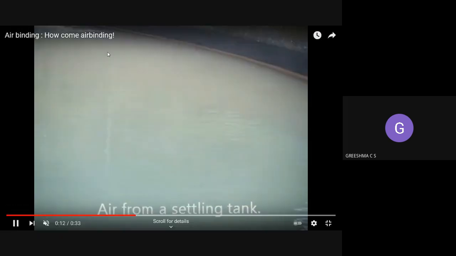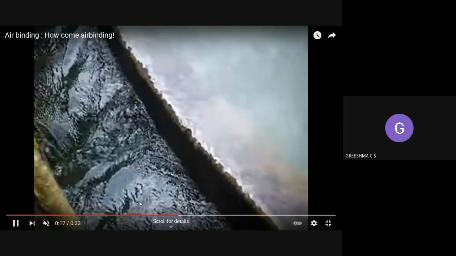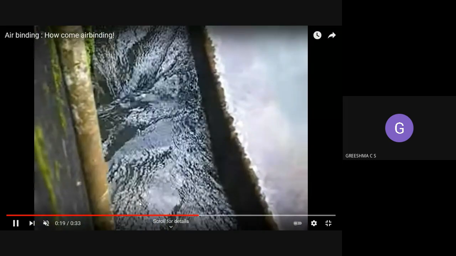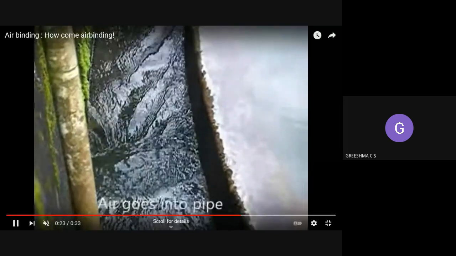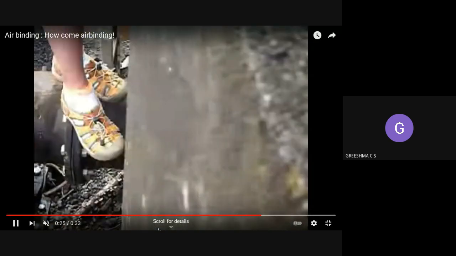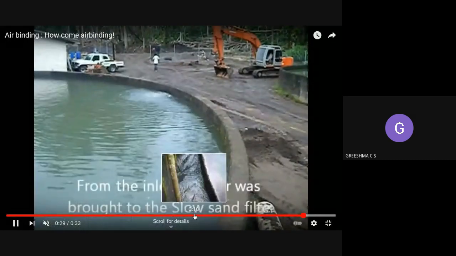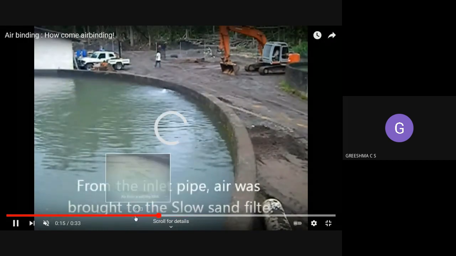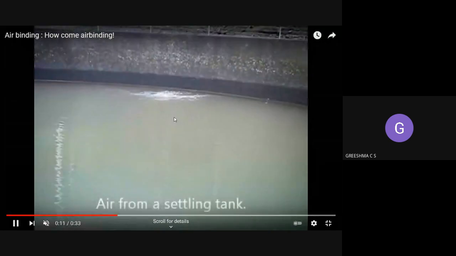See here. See, you can see അതുപോലെ ഡിസോൾഡ് ഗ്യാസ് പൊന്തി പൊന്തി വരും.